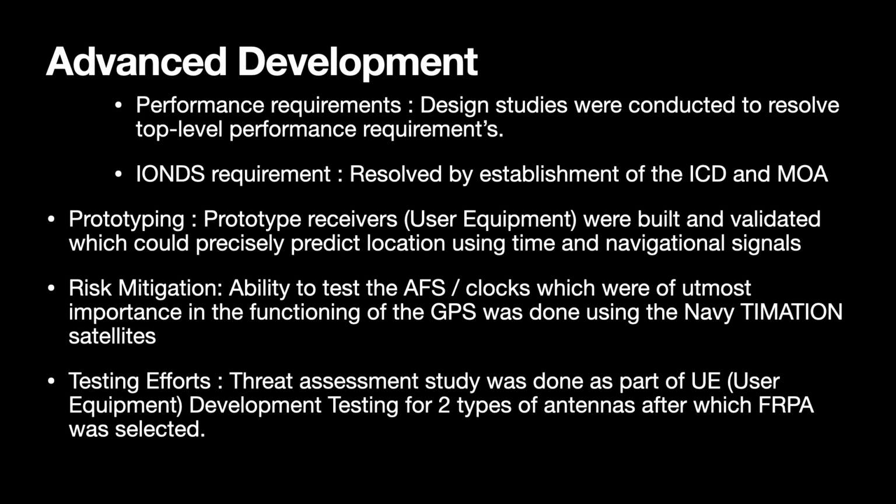The first one was the FRPA, or the fixed reception pattern antenna, and the second one was the CRPA, or the controlled reception pattern antenna. The aim was to understand how a common antenna can satisfy all the requirements of the user and at the same time be cost effective by procuring large amounts of units. After this analysis, the FRPA was finally selected.